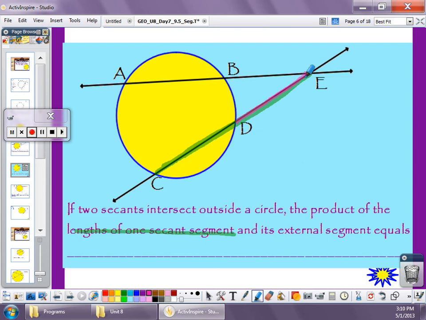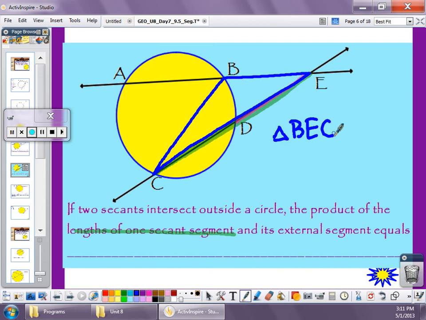Well, I'm going to do a couple of things to show you what it is. I'm going to create a triangle, and my triangle is going to go here to here to here, okay? So I currently have triangle BEC.